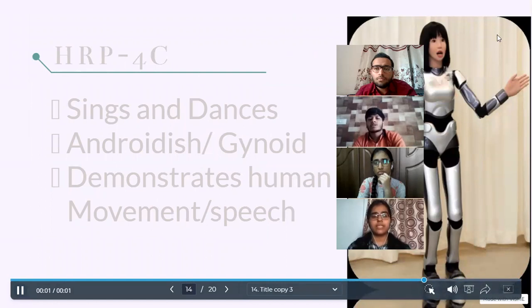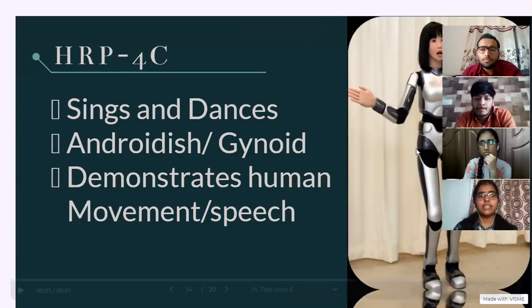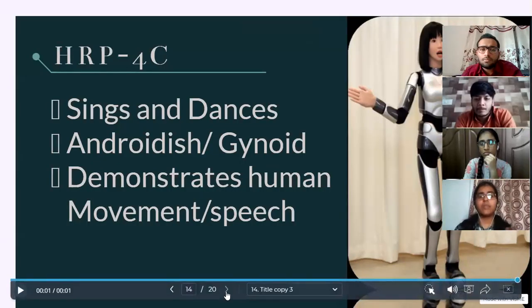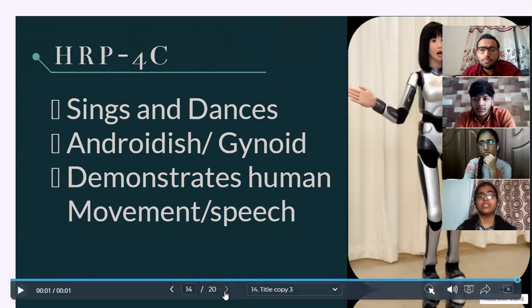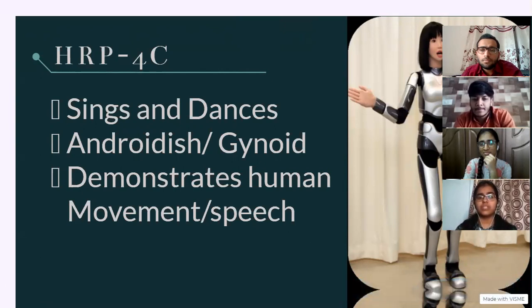So this is another example of a humanoid robot, the HRP-4C, nicknamed Miim. It is a human-looking humanoid robot created by the National Institute of Advanced Industrial Science and Technology, a Japanese research facility. She has a realistic head and face and the figure of an average young Japanese female, based on the 1997-1998 Japanese body dimension database.